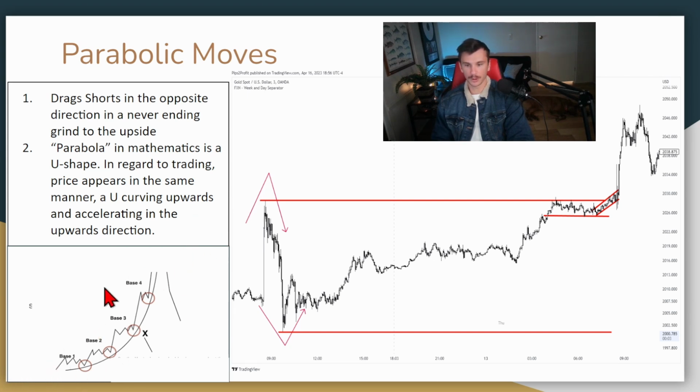When you look at the chart, have you ever noticed that price is curving in a certain way, and then it just accelerates very quickly on that last leg and explodes? Okay. So, looking at this picture, we've got the base and then the curvature. Obviously, you can see the little points that are touching, and it's accelerating in a direction. And then over here on the chart, you can see something very similar.